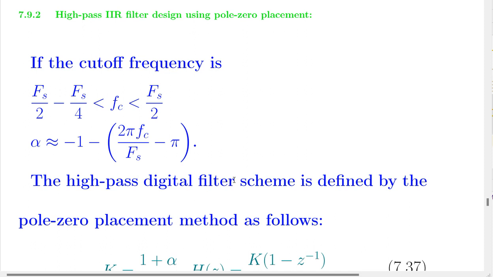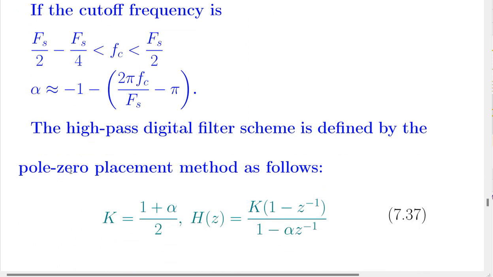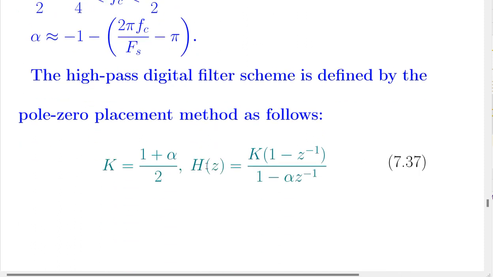The high-pass digital filter scheme is defined by pole zero placement method as follows. Again, controlling the gain, just for a moment, ignore K. You see here, having 1 minus z minus 1, the location of the zero is located at 0 degree. And vice versa for pole.